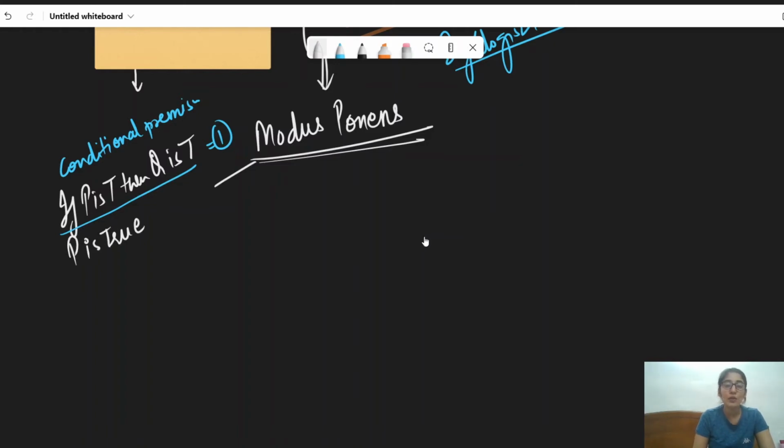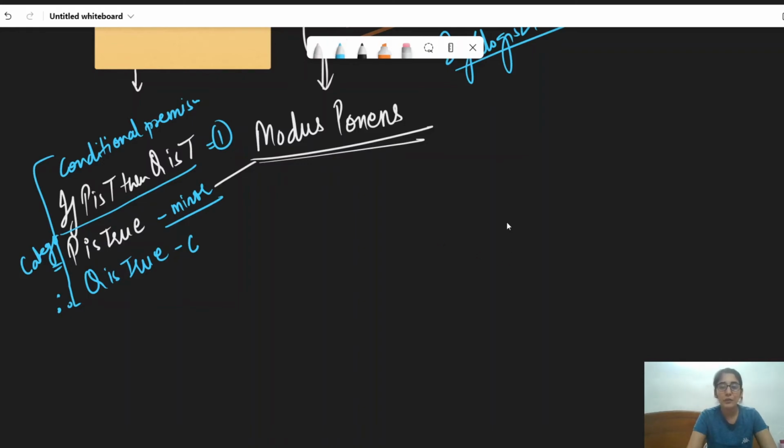The conclusion here is therefore Q is true. Is this clear? If P is true, then Q is true. P is true, therefore Q is true. This is the conclusion, this is the minor premise, and this is also the categorical premise.